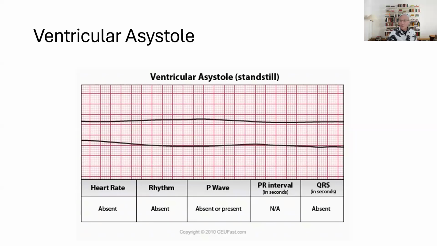I'm just kidding. It should be the easiest one to identify. However, when you see a straight line on a patient, let me tell you a story. We had a nurse intern one time when I was still working in the ICU. The ECG monitor on the nurses' station showed a flat line.